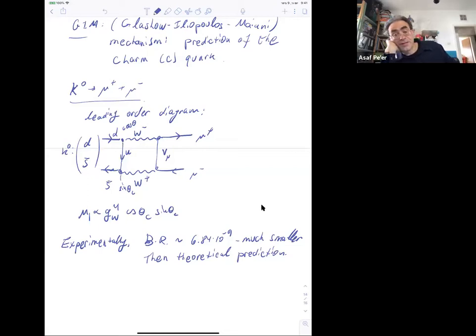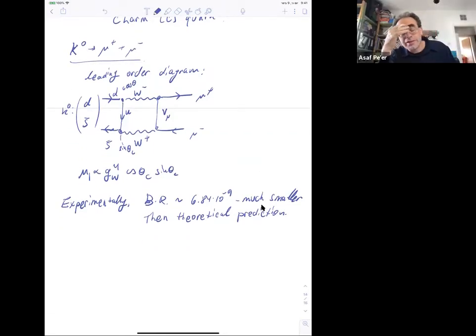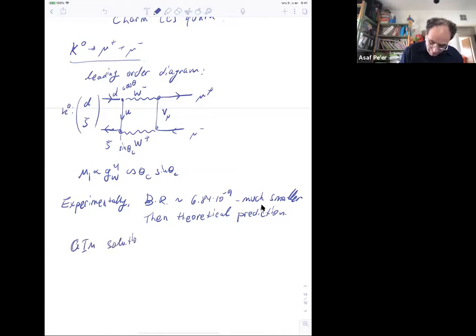So the solution made by these three guys, Glashow, Iliopoulos and Maiani, was that maybe there is another quark, a fourth quark, which is a charm quark, whose coupling to the S and the D carry these factors of cosine theta and minus sine theta. So that is the GIM solution: the new quark is a charm.